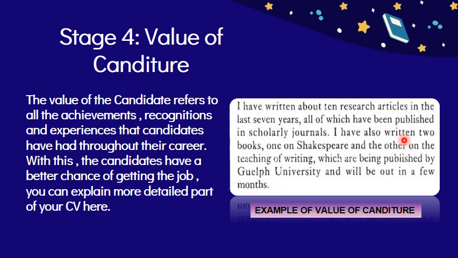Also, he wrote, I don't know, 2 books, for example, Shakespeare, and the other one on the teaching of writing. And these books were published by this university, in this case Guelph. So this is your value.